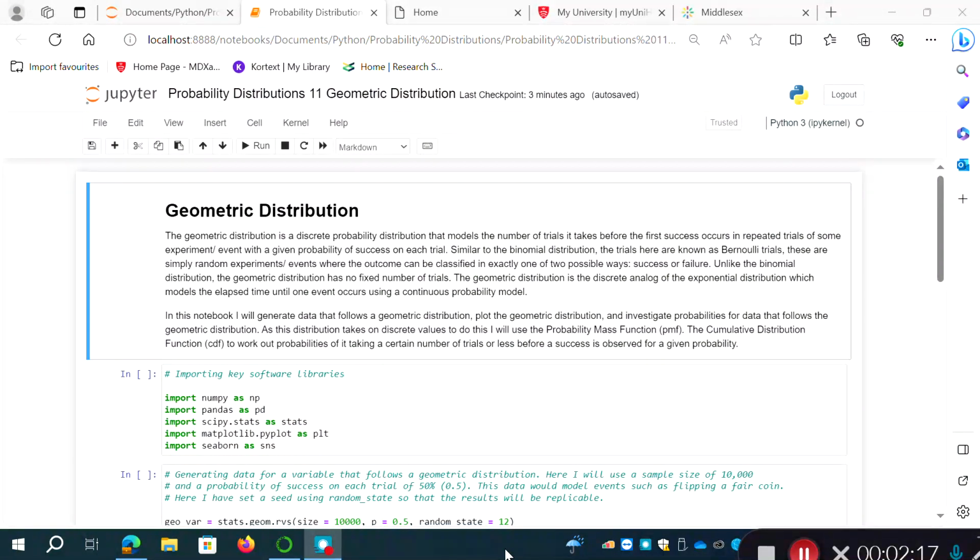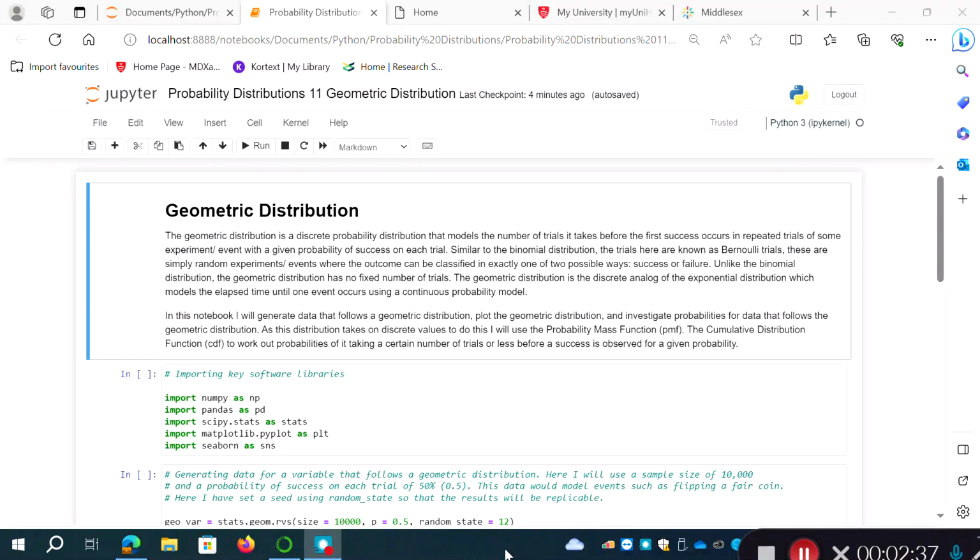So what I'm going to do in this video is generate some data that follows a geometric distribution, plot the geometric distribution of that data, and then investigate probabilities for data that follows that particular distribution. And as I've said, it's a discrete probability distribution.